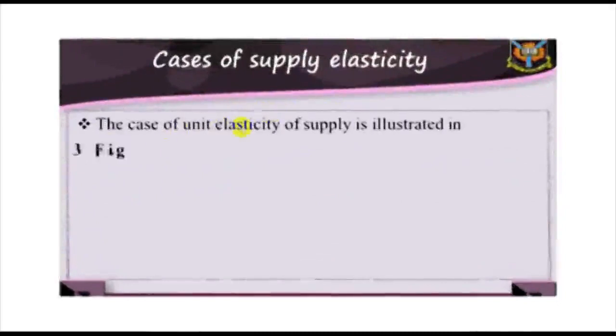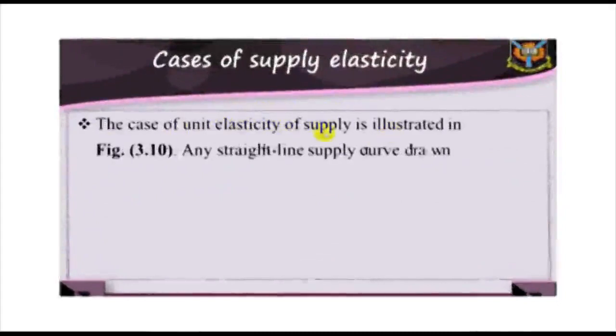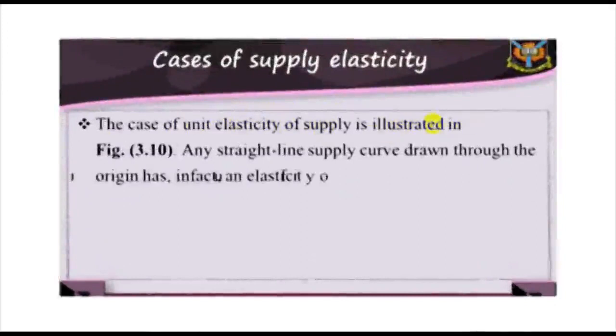Number 3, the case of unit elasticity of supply, as illustrated in figure 3.10. Any straight line supply curve drawn through the origin has, in fact, an elasticity of unity. How to derive elasticity of supply of Biro from the data in table 3.2.